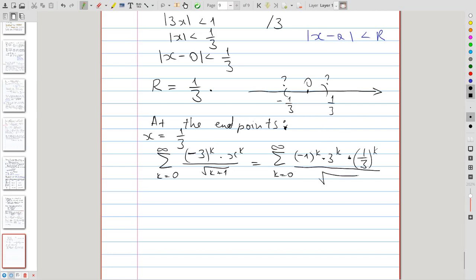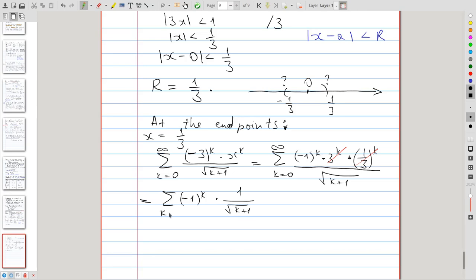And everything divided by square root of k plus 1. Great. Now what happens is we have cancellation right here. And the output of our power series at the right endpoint ends up being minus 1 to the k times 1 over square root of k plus 1.